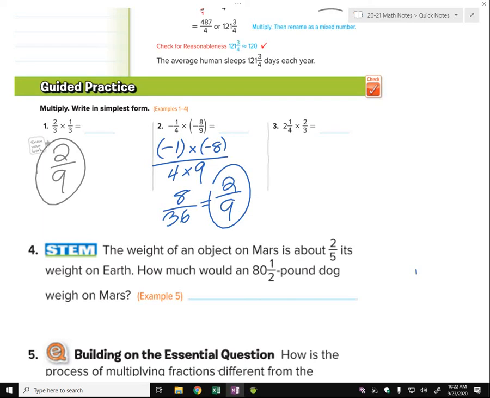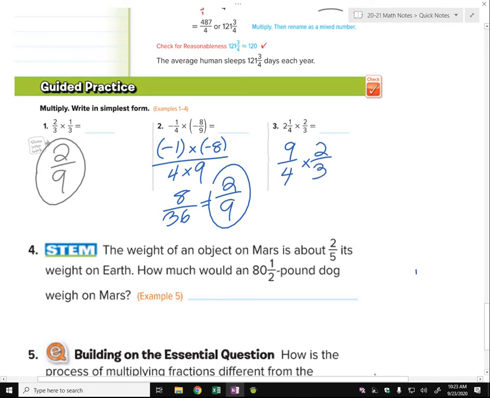For number 3, I have a mixed number and then another fraction. But since these two don't have a common denominator, even after I might reduce, I'm going to use the improper fraction method. If you did the distribution property, it would take you a lot longer. 2 times 4 is 8, plus 1 is 9/4, times 2/3.